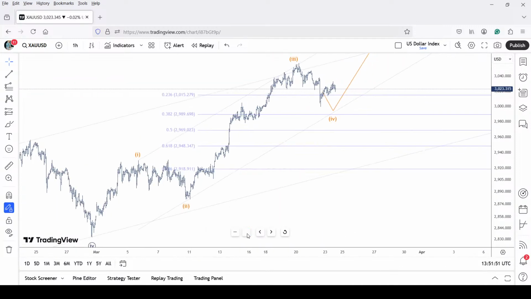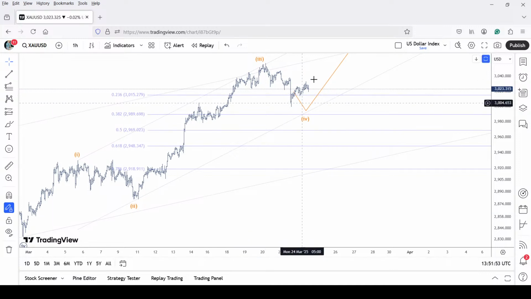As gold has always done in the past two trading cycles, it has produced quite shallow retracements around just about the 23%. All right, so it is quite possible that it might do the same this time as well before it rallies forward.